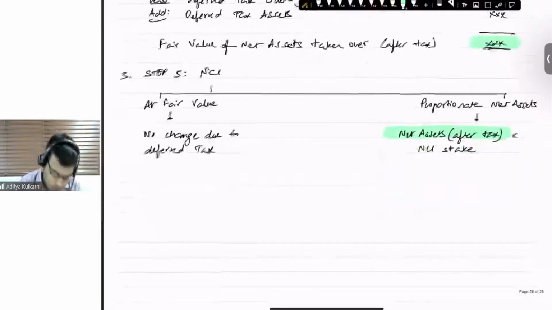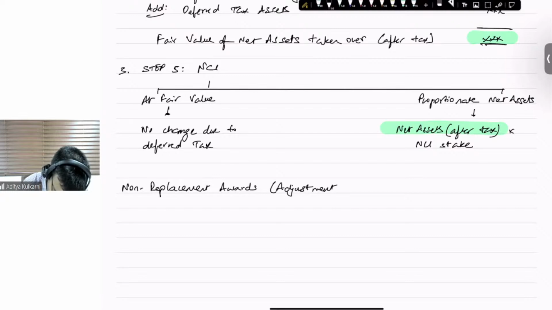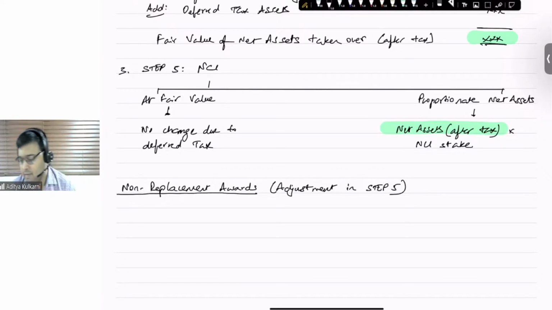All right. So now coming to the next adjustment. You remember long ago, we had done something known as replacement awards, right?